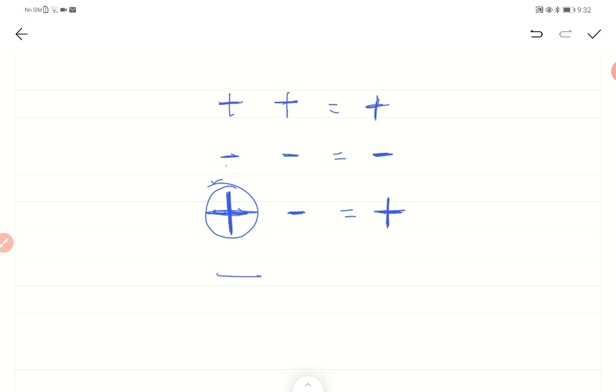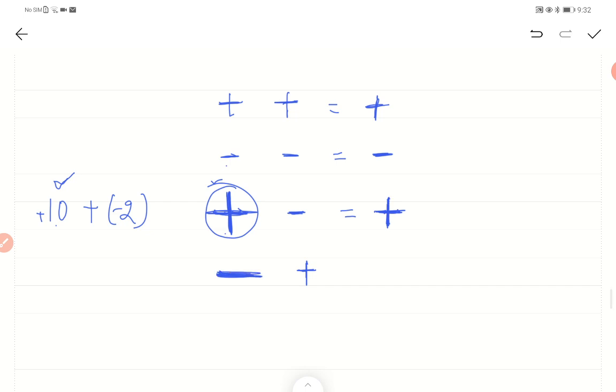If the negative number is the bigger number, for example 10 plus minus 2, since 10 is the bigger number which has a positive sign, my output will be positive.